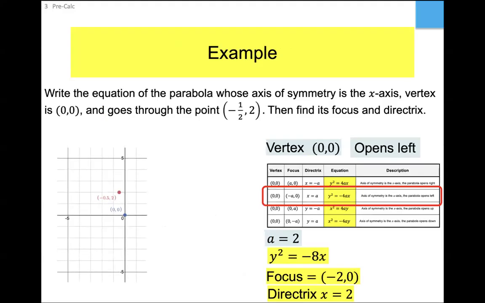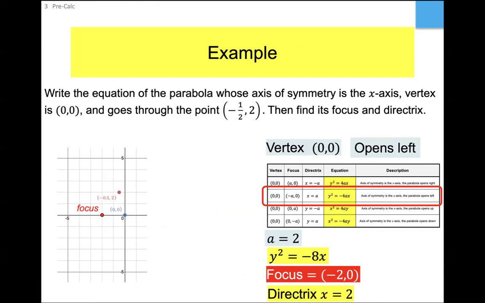So here's your example. This is one that we just did. So we figured out that this one opens left. We also figured out the focus was at (-2, 0). So if it opens to the left and the focus is (-2, 0), I simply need to go up and down from the focus to get to the latus rectum points.